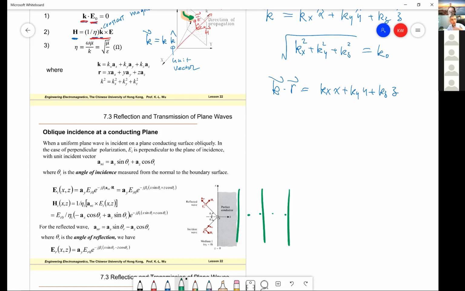When we have a reflection, the direction of propagation is always opposite. Could the reflected wave be in the opposite direction of the incident wave, and the reflected magnetic direction remain the same?